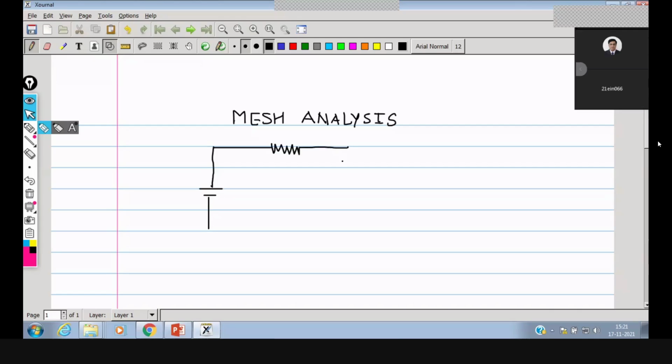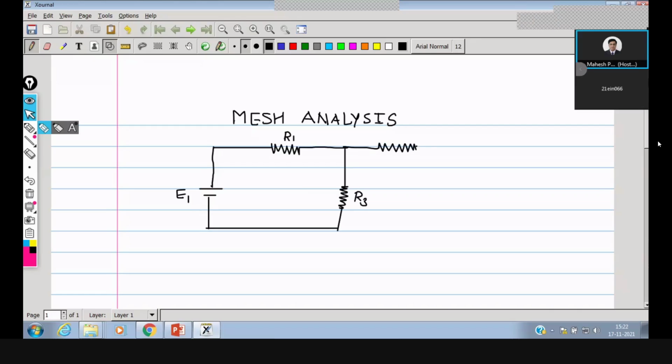So I can draw one resistor, another resistor which is common. Fine. So here we named it E1, R1, R3, one more resistor.